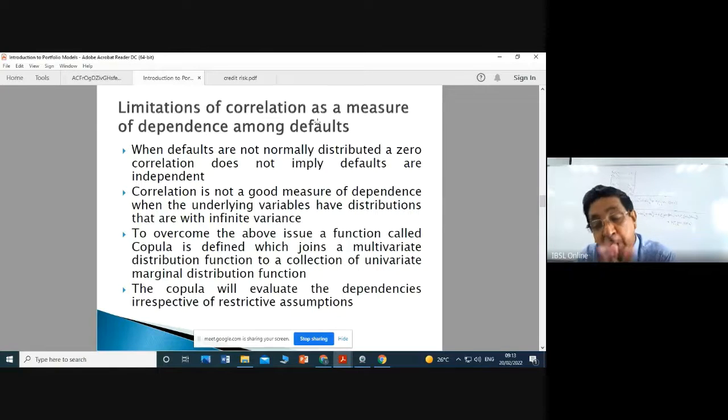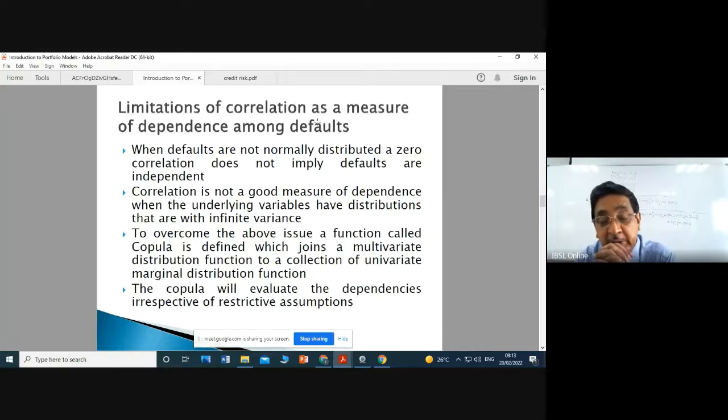Up to now, the portfolio loss calculation, the unexpected loss of the portfolio calculation, you should not have any confusion, because it is clear. It is a direct type of application. So there won't be any confusion up to now. But the limitations of correlation and those things are a little complicated.